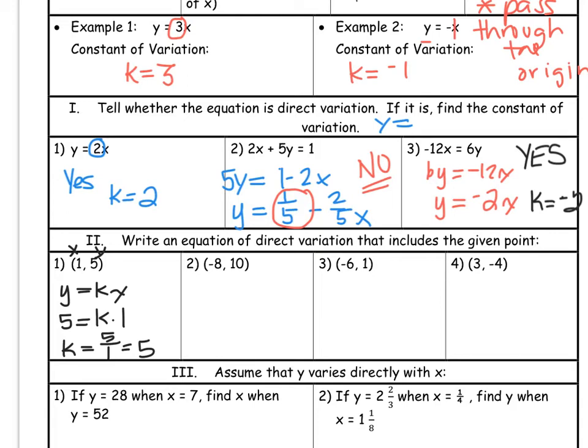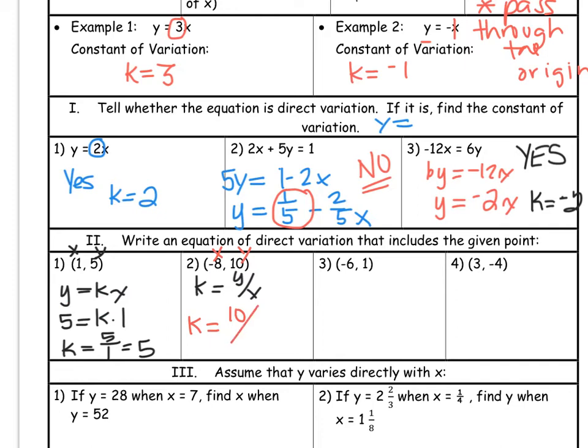The other thing you can do, and if you want to look at what k equals, we can write this in the formula k equals y over x. All I did was take this formula right here and just rearrange it. So I solved for k by dividing both sides by x. So this way we can just take our x value and our y value and plug it in.